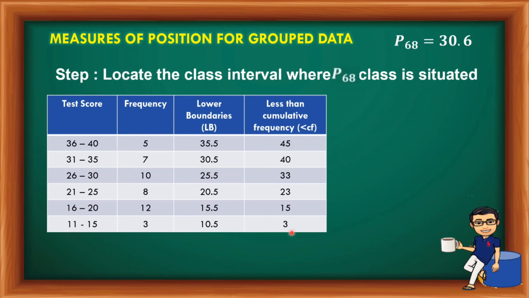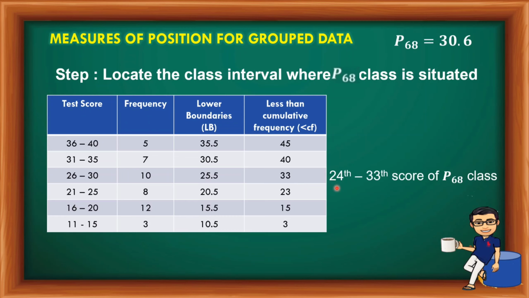This part is the first, second, and third score kasi may tatlong frequency sa class 11 to 15. Dito naman from 4th score to 15th score. Dito naman from 16th score to 23rd score. At sa kasunod niyan ay 24th score to 33rd score.